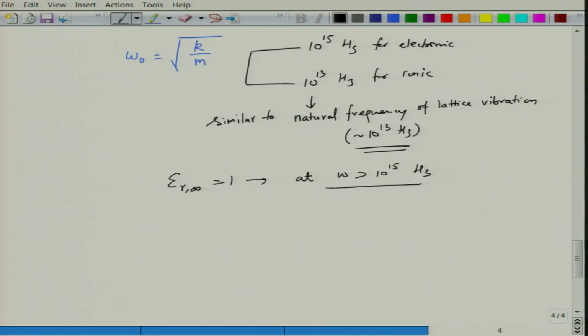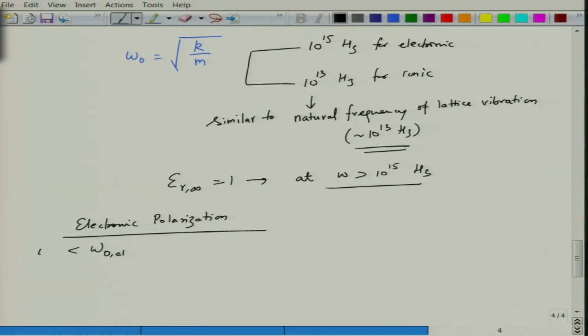All right. So, now you can summarize this part as follows. For electronic polarization, the critical frequency, the resonance frequency, is omega naught electronic.